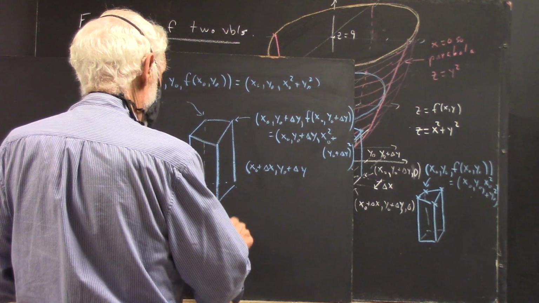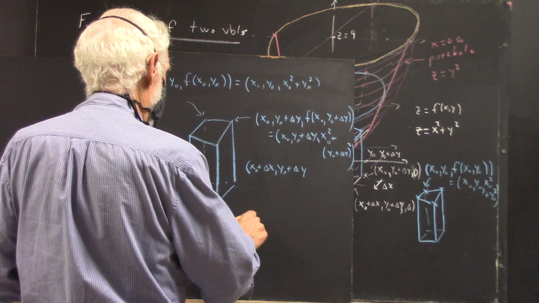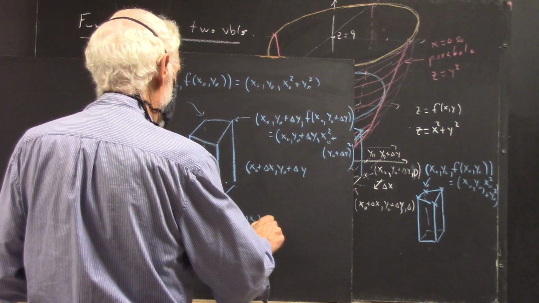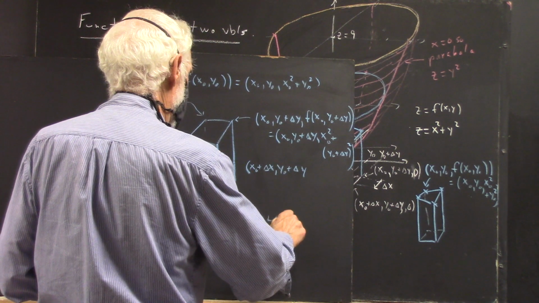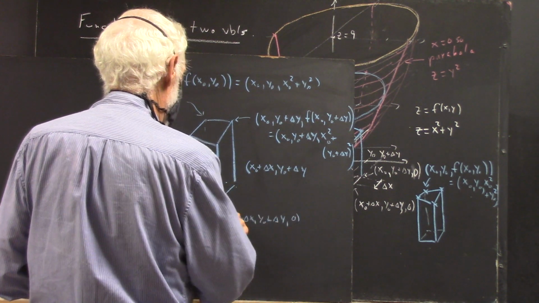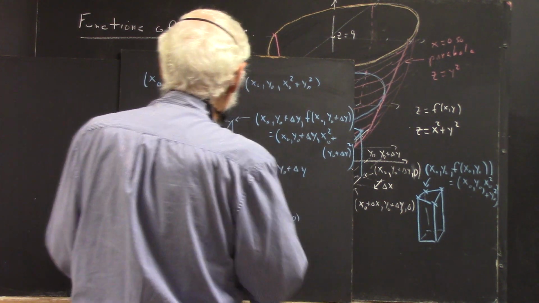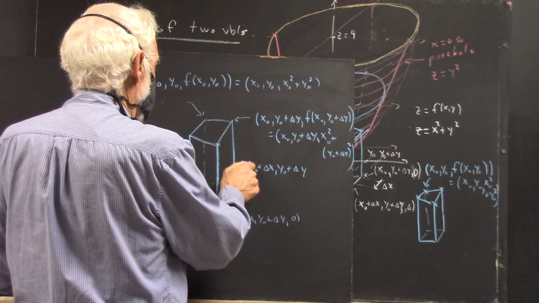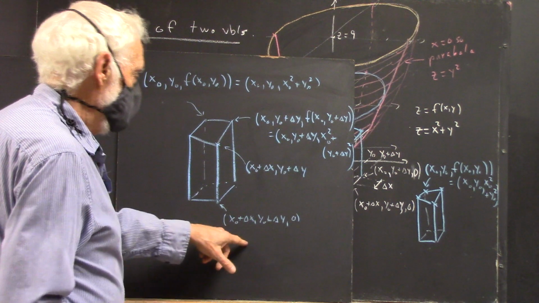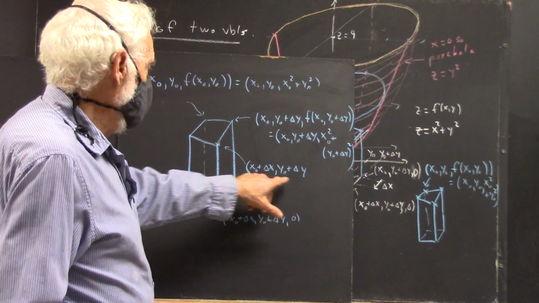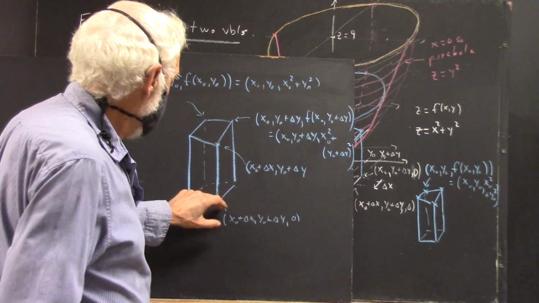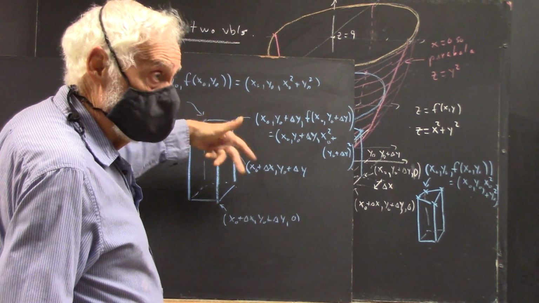I'll actually label that one. So this point up here, being directly above this one, has the same x and y coordinates, but now you have the z coordinate, and z equals f of x, y.